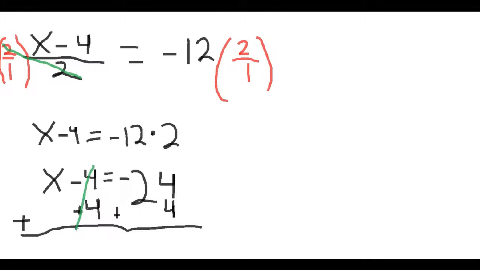So we're left with x equals -24 plus 4, which is minus 20. Simple enough.